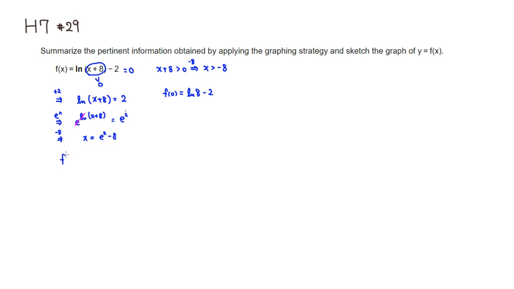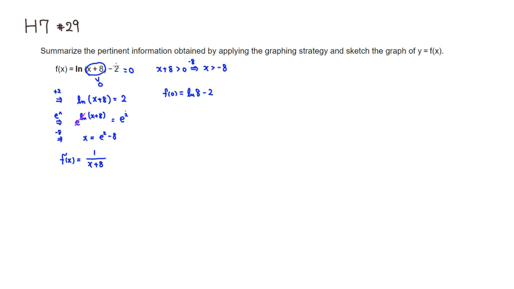F prime of x is equal to, whenever you take the derivative of a natural log, you put whatever is inside the natural log in the denominator, then multiply that by the derivative of the inside. The derivative of x plus 8 is 1. So it's 1 over x plus 8, and the derivative of negative 2 is 0, since negative 2 is a constant. So this is the derivative.